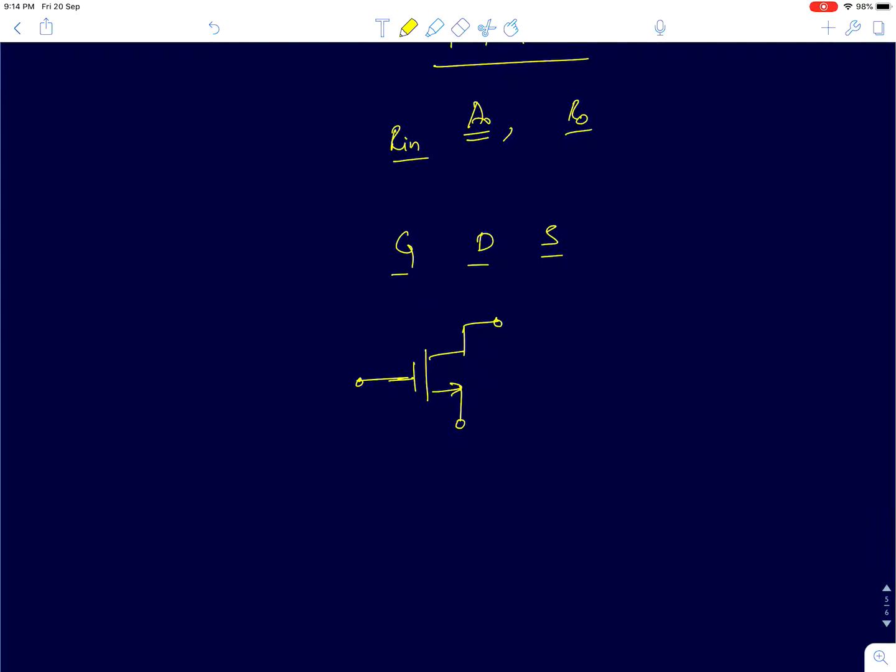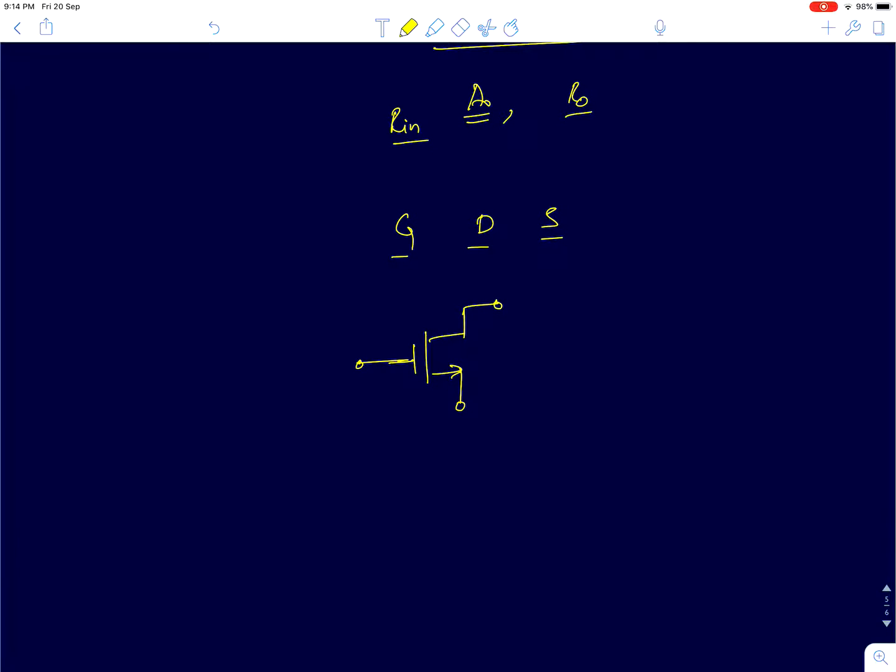If I assume one terminal to be the common terminal, then I can apply input at one terminal and take output at another, and the third terminal becomes the common terminal. All the 3 have to be unique, they can't be the same.